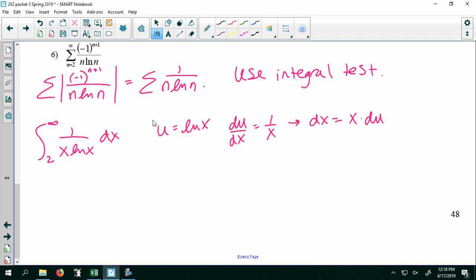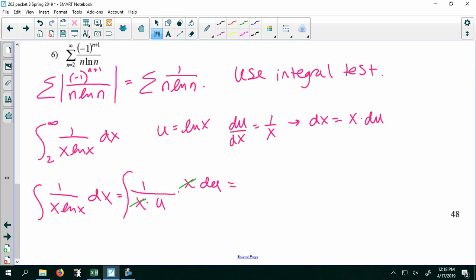So I'm going to head over to my integral. The integral of 1 over x ln x dx. I dropped the bounds here. I'll put them back on after I have the antiderivative. Is equal to 1 over x times u. And then instead of dx, I have x du. And the x's cancel. So this is, oops, sorry, forgot the integral sign.